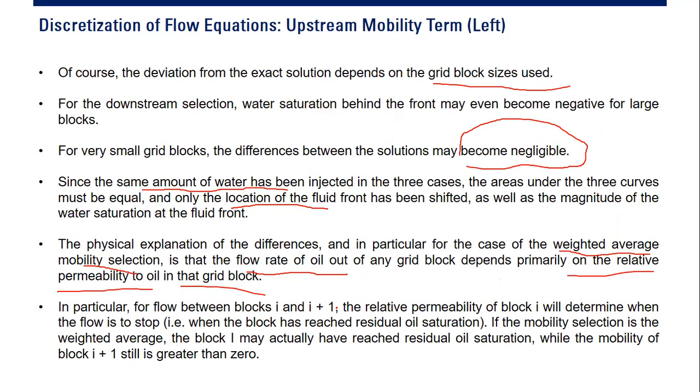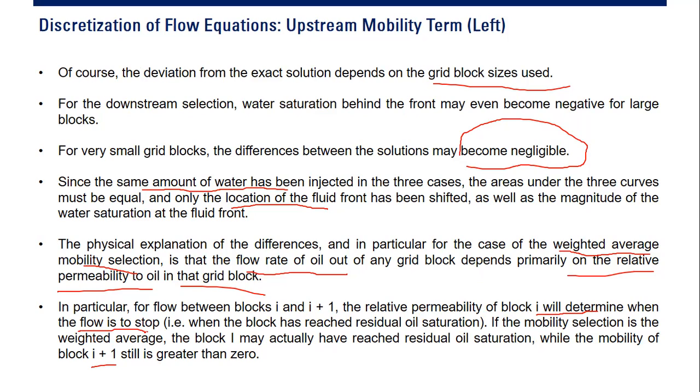If the mobility selection is the weighted average, block I may actually have reached residual oil saturation, while the mobility of block I+1 is still greater than 0. Okay, so this can be complicated. For flow between blocks I and I+1, the relative permeability of block I will determine when the flow is to stop.